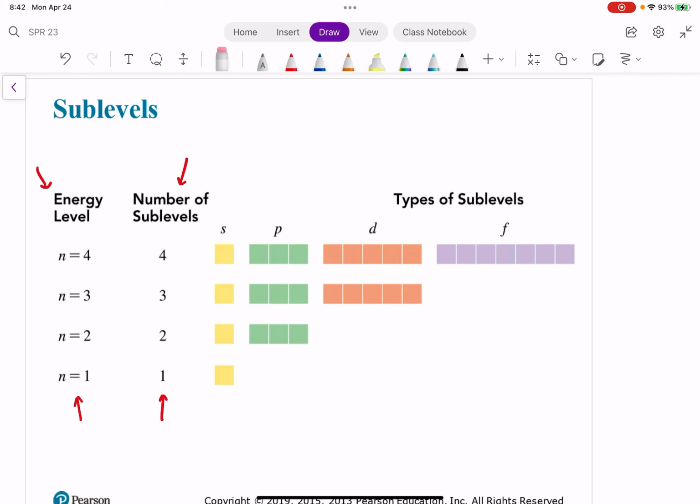If you're in energy level 2, you've got 2 sublevels, and those are your S and your P. If you're in n equals 3, you've got your S sublevel, your P sublevel, and your D sublevel. If you're in n equals 4, you've also got all of those things plus your F sublevel.